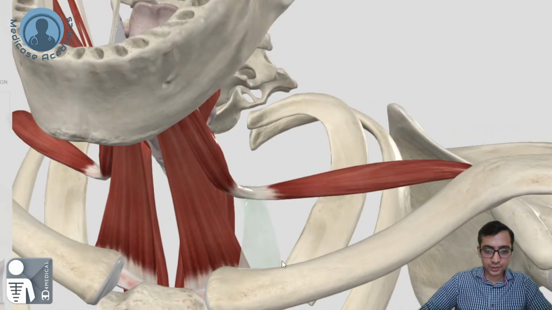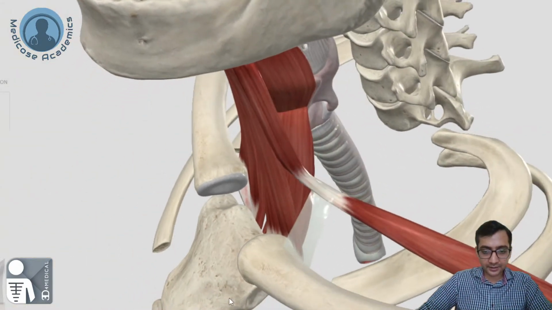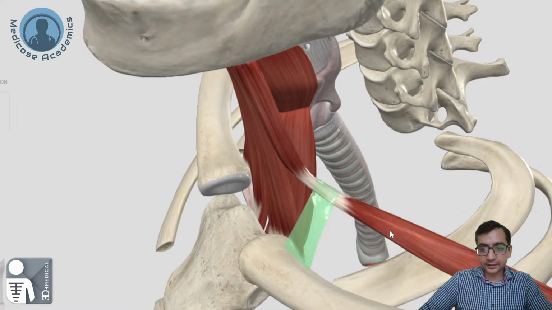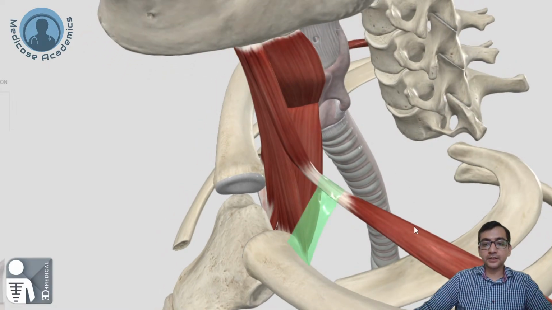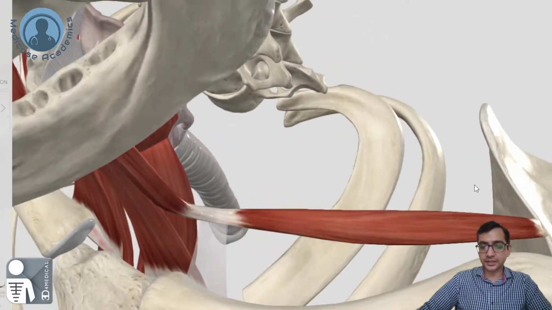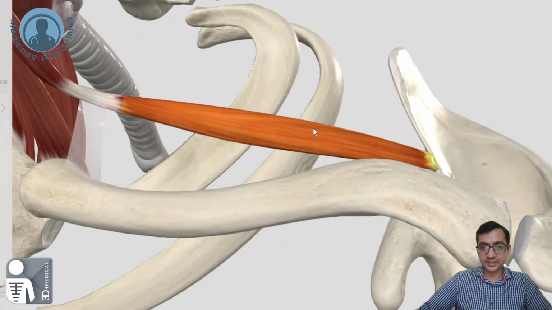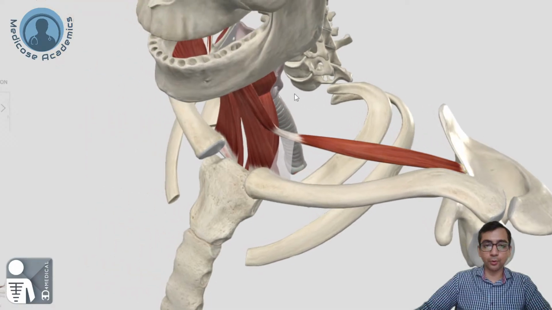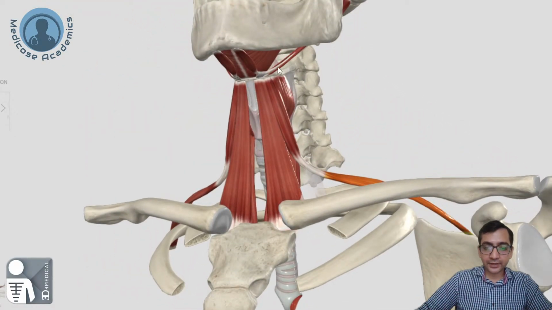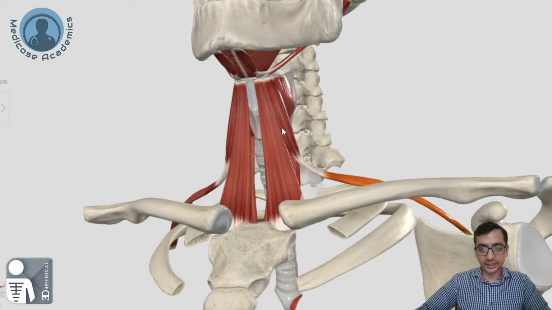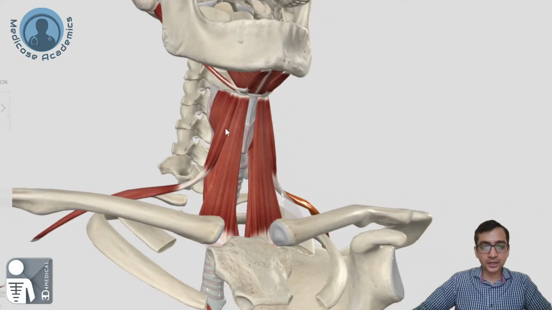This sling is attached to the clavicle and the first rib, and then there is the inferior belly. This inferior belly goes and inserts into the upper margin of the scapula. So this is the omohyoid. So when it contracts, it will again pull the hyoid bone down and depress the larynx. So these are the two muscles.